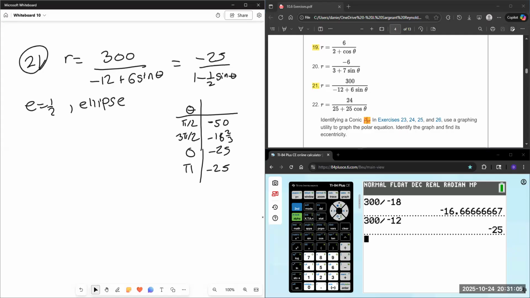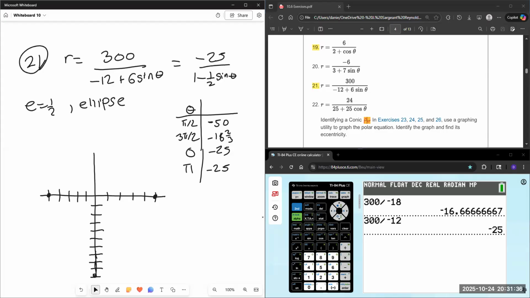So I think I'm going to choose tick marks to be 5s here. 1, 2, 3, 4, 5. 1, 2, 3, 4, 5. 1, 2, 3, 4, 5, 6, 7, 8, 9, 10.